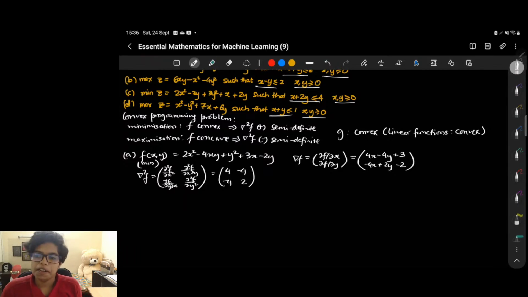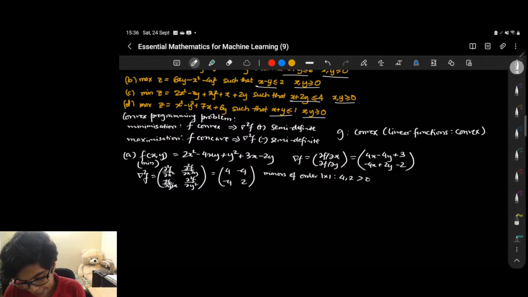Now we need to check whether it is positive definite or not. So we will use the minor test. Minors of order 1 cross 1 are the diagonal elements 4 and 2, which are greater than 0. And then minors of order 2 cross 2, it's the determinant.